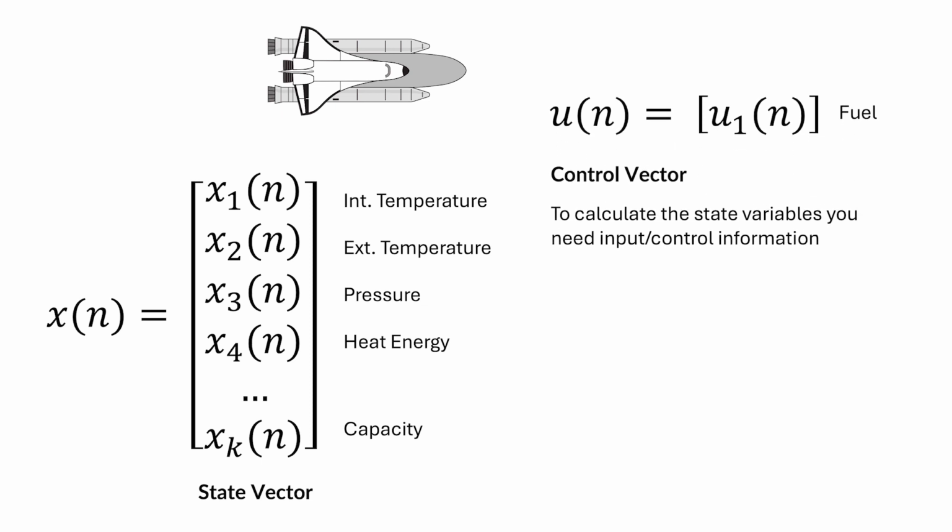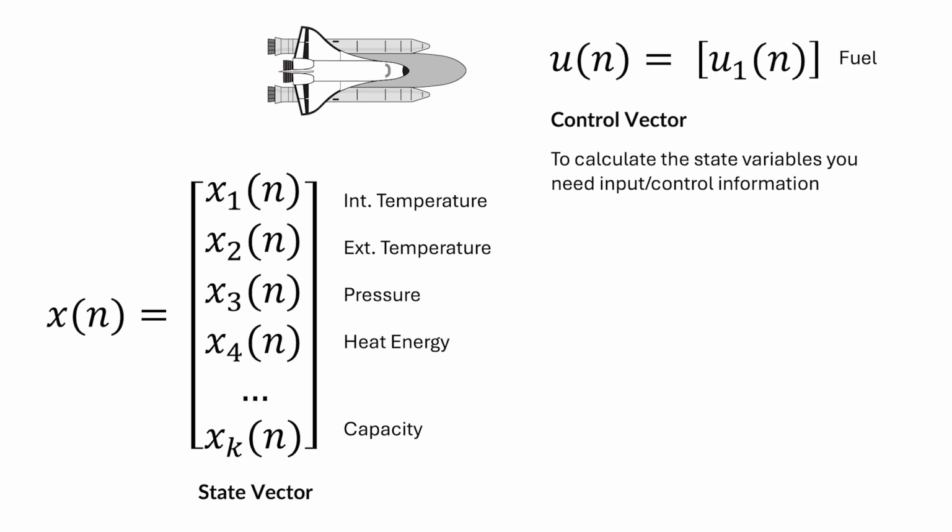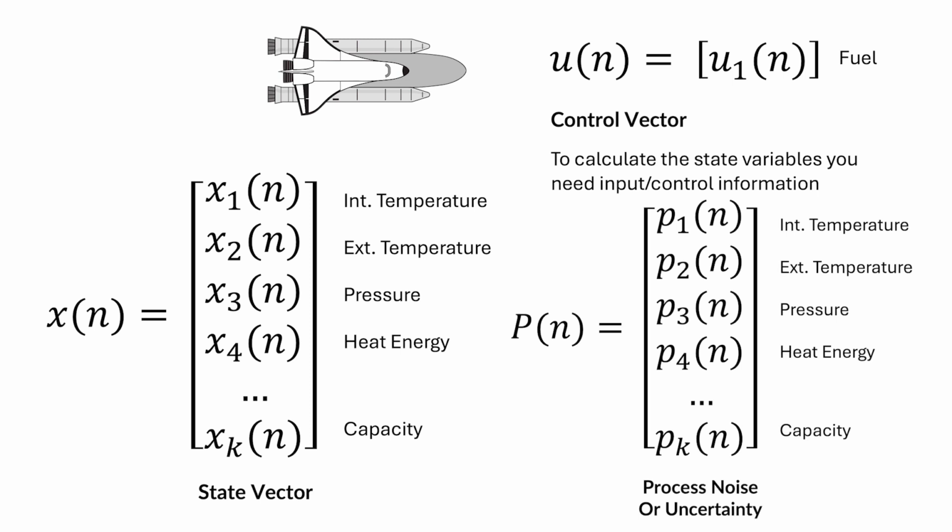And there is always an uncertainty, a deviation from the reality regarding the state vector. For that reason, we create this variable that we call the process noise or the process uncertainty that has, for each variable, the uncertainty of our state estimations.